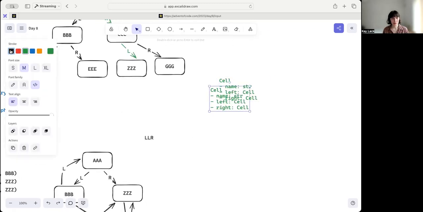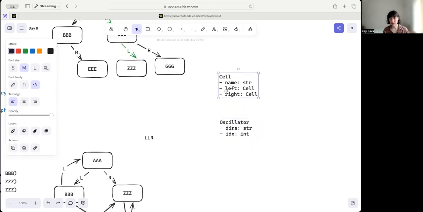And we're also going to need to have, it would be prudent to have a, I don't even know if oscillator is the right word, but let's go with it. It's going to have an index, which is going to be the current place we are in there. And that's it, I think.